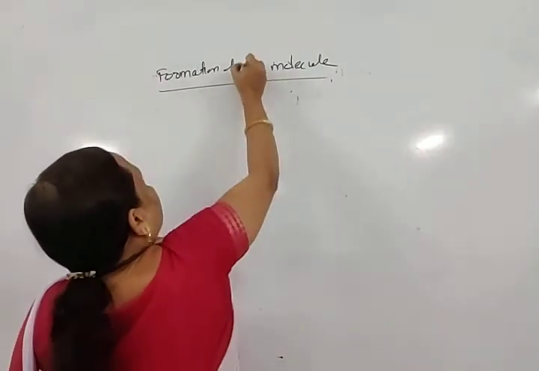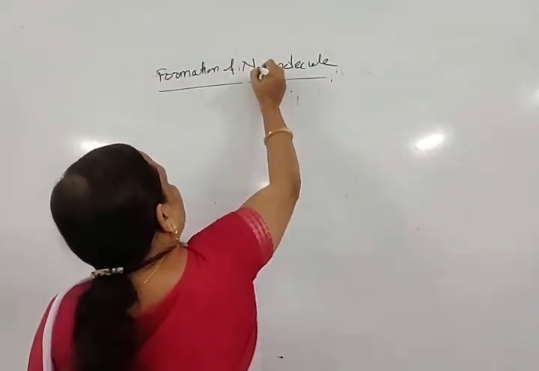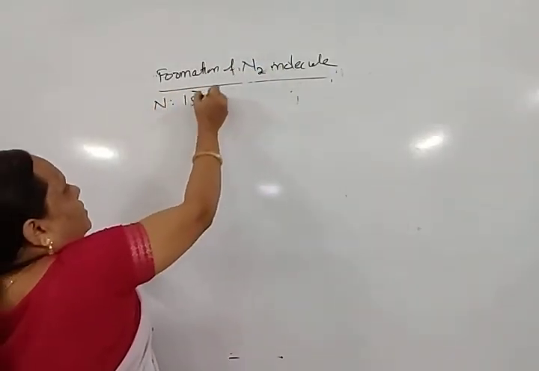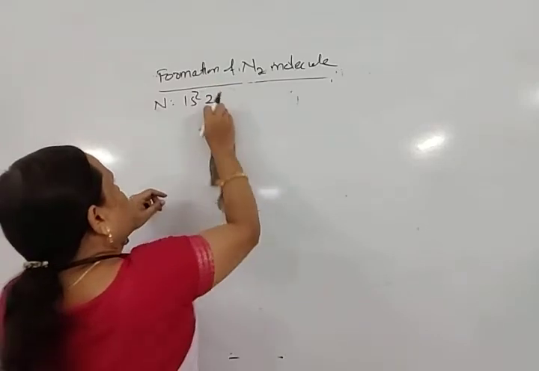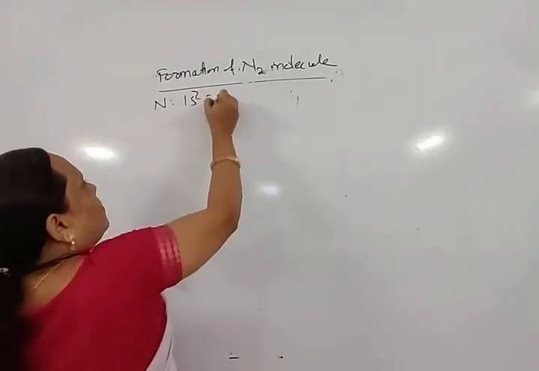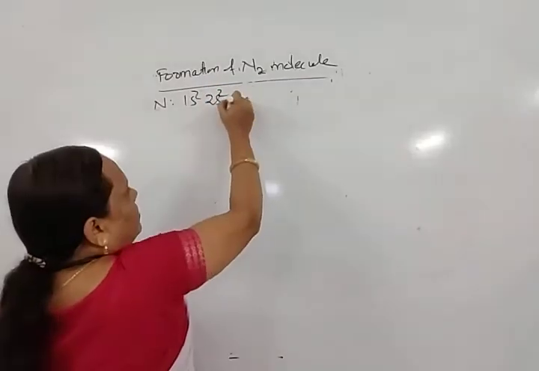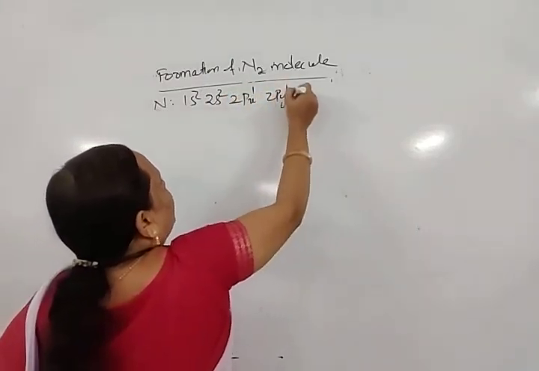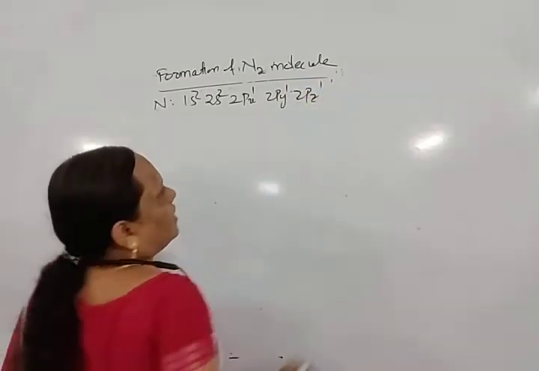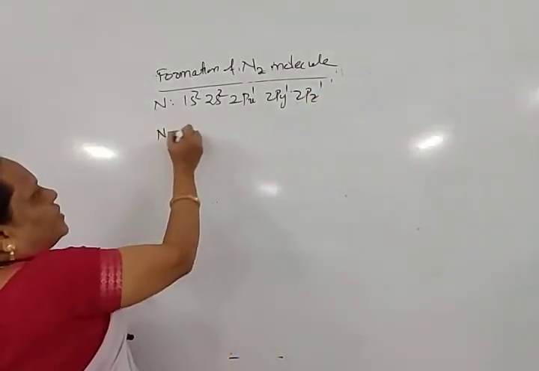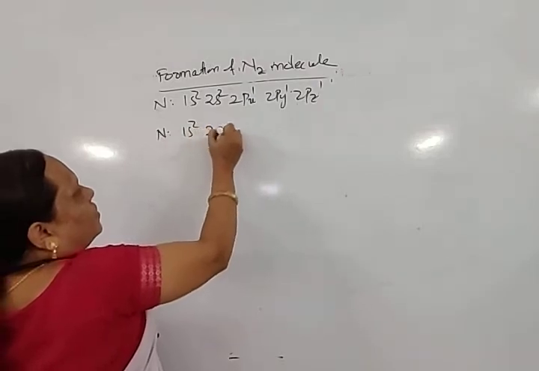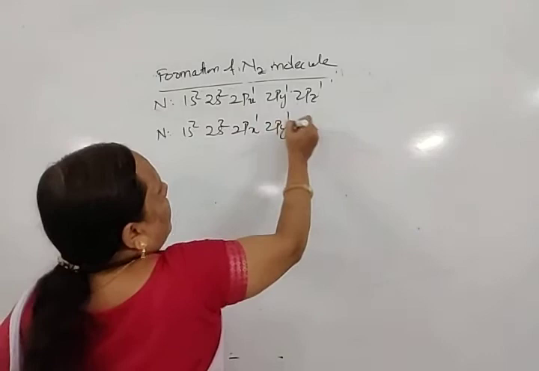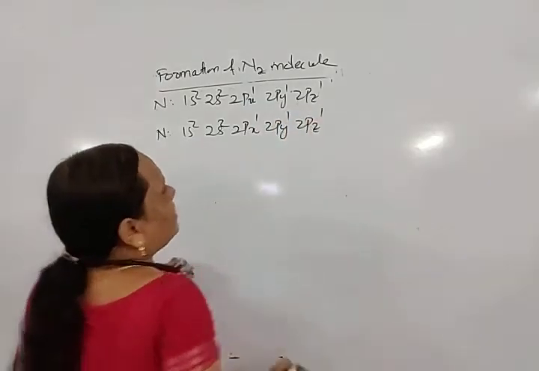As its atomic number is 7, nitrogen has electrons 1s2, 2s2, and arrange all electrons according to Hund's rule: 2px1, 2py1 and 2pz1. And another nitrogen is also the same, 1s2, 2s2, 2px1, 2py1 and 2pz1.